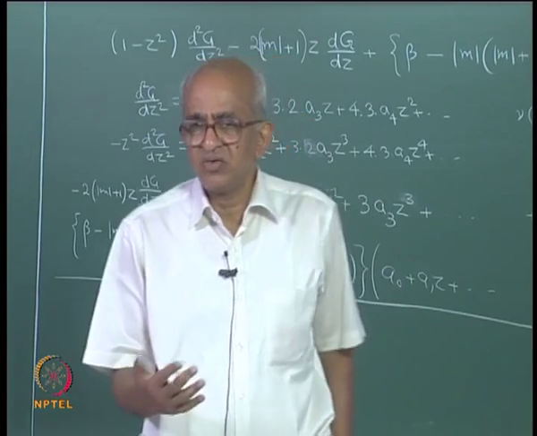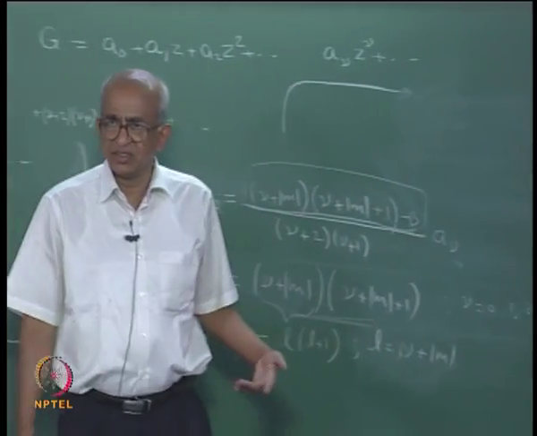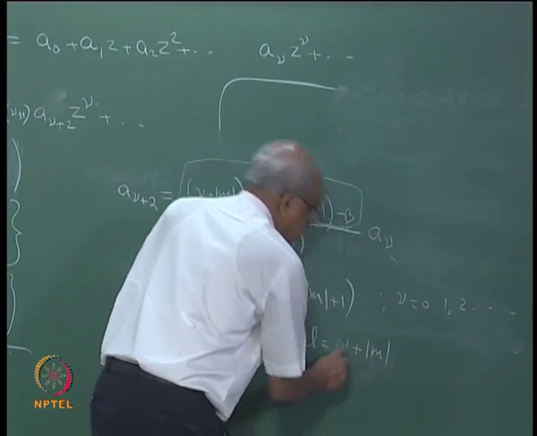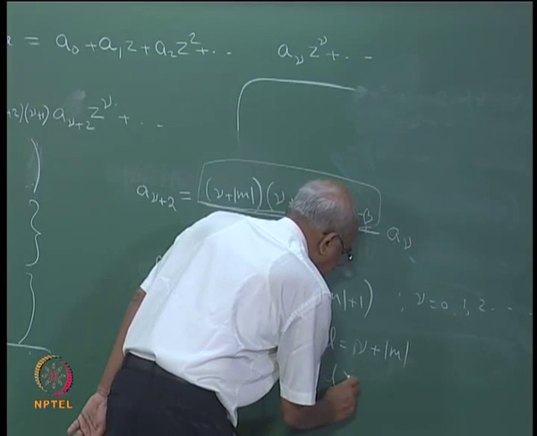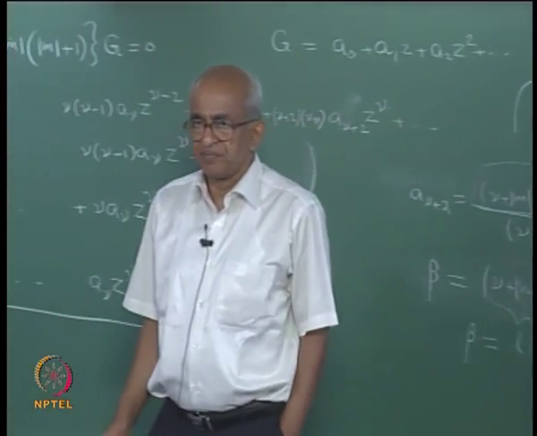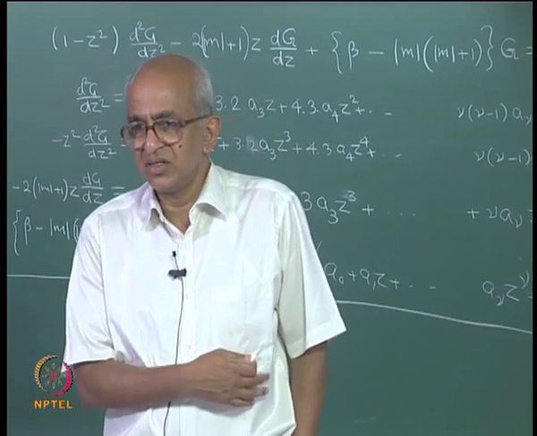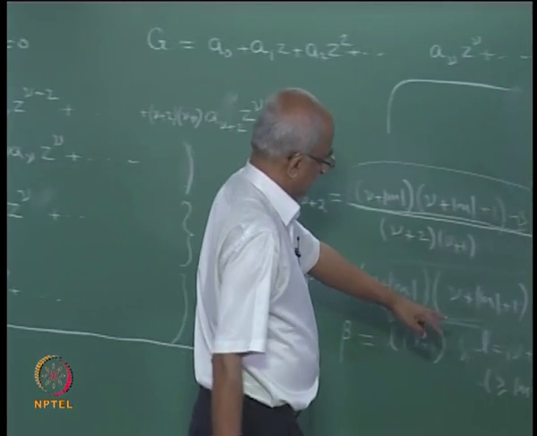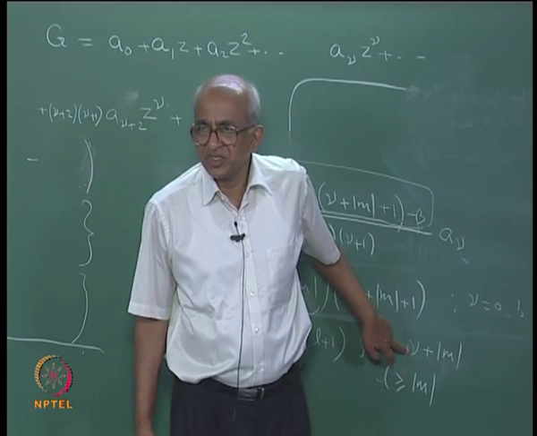But with that definition you will realize that this number L that I am defining, what are the values that it can take? The values that it can take are actually, see this nu may be 0 or it may be 1 or it may be 2, etc. So, therefore, I realize that L itself has to be an integer, but L has to be greater than or equal to the magnitude of m. If I introduce a quantum number, a number L by this definition, then I am restricted in that the value of L, you look at this expression, the minimum possible value for nu is 0.